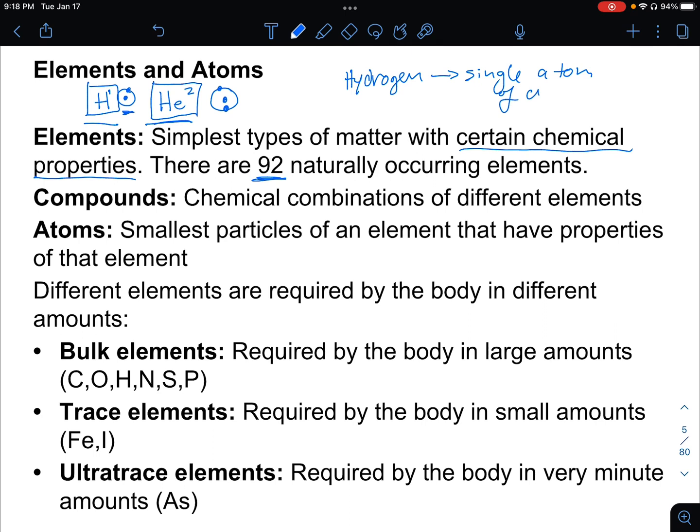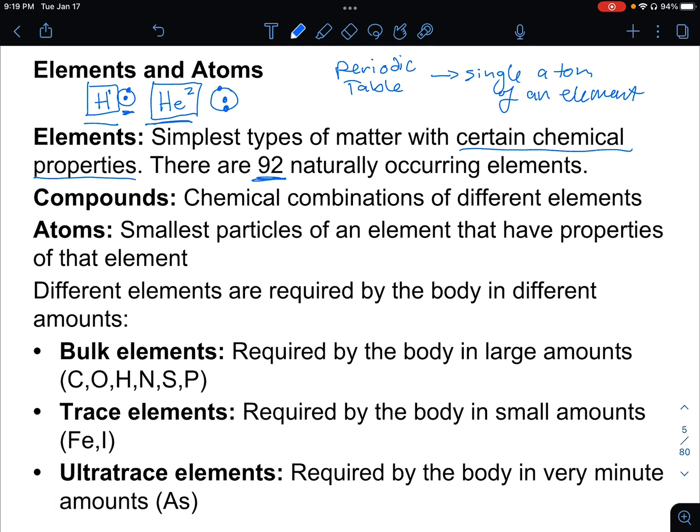of the chemical. So the periodic table is going to show a single atom of a chemical, a single atom of an element, which is a chemical. So every time we see this box, we know the box of hydrogen is talking about all of the properties that a single hydrogen atom has.